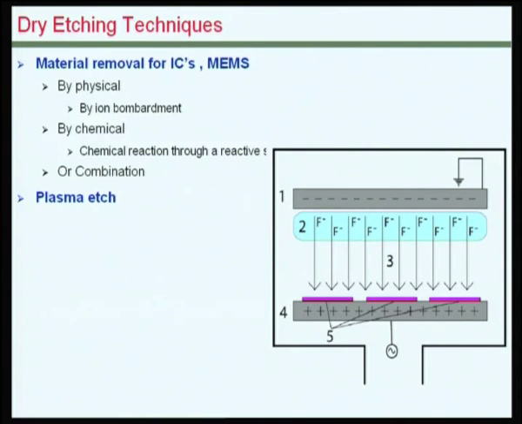It could be a physical phenomenon if we are only looking at ion bombardment, but if reactive ions are used, obviously there could be selectivity and a chemical phenomenon could be happening. So, there are several variants of dry etch possible and are utilized in micromachining of various microstructures.